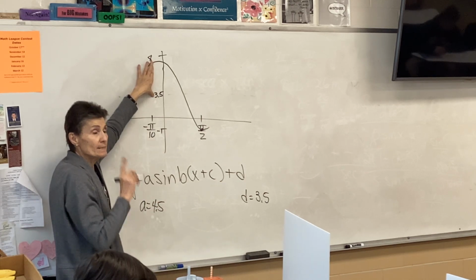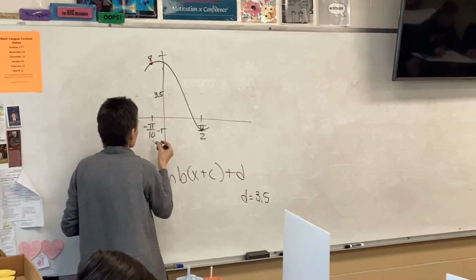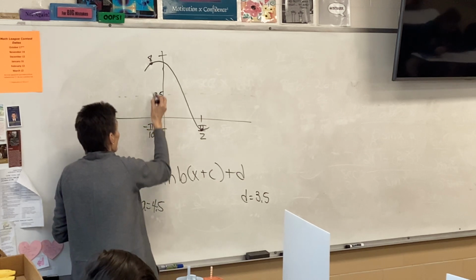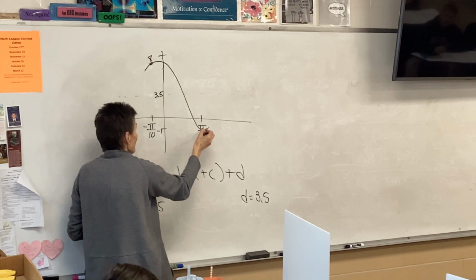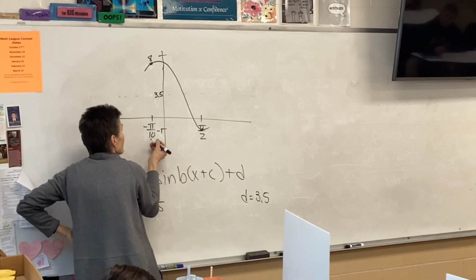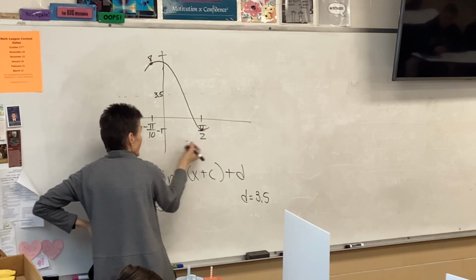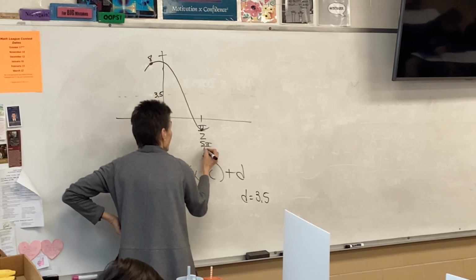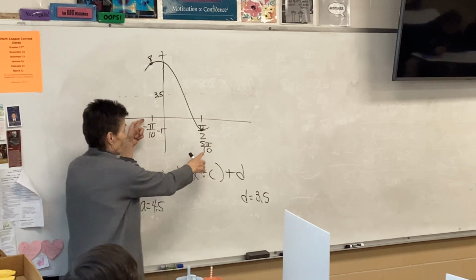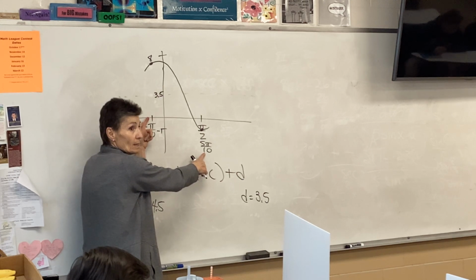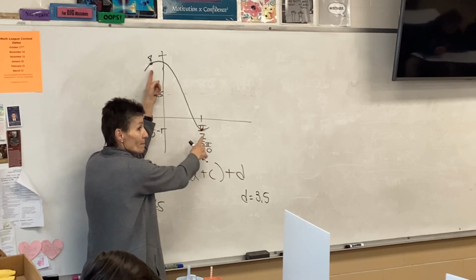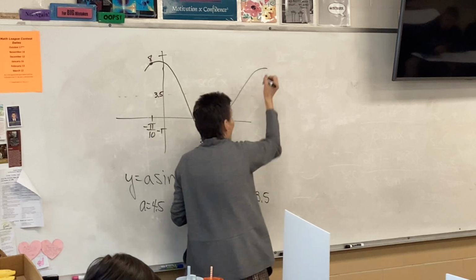Now, how far is it horizontally from the maximum to the minimum? How far is it from negative pi over 10 to 5 pi over 10? How far is that? 6 pi over 10. Now, max to min is half the period.